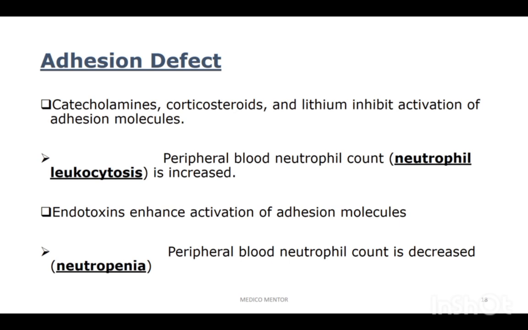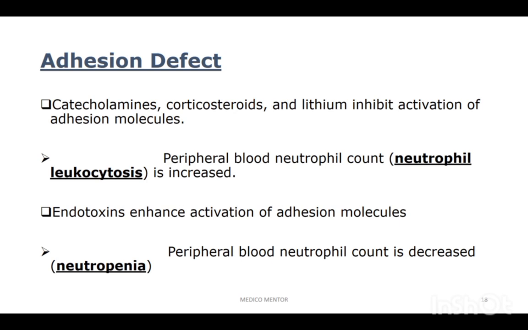For example, catecholamines, corticosteroids, and lithium inhibit the activation of adhesion molecules. So if there is inhibition of the activation of the adhesion molecules, the WBCs or the neutrophils are freely floating in the peripheral blood. That's why there is going to be neutrophilic leukocytosis.